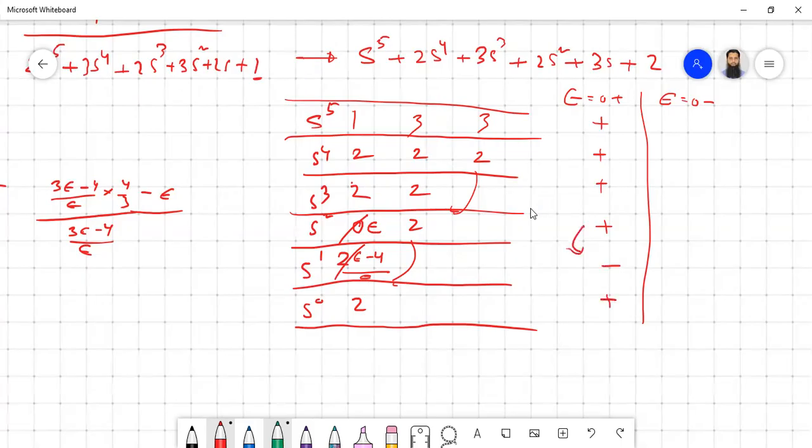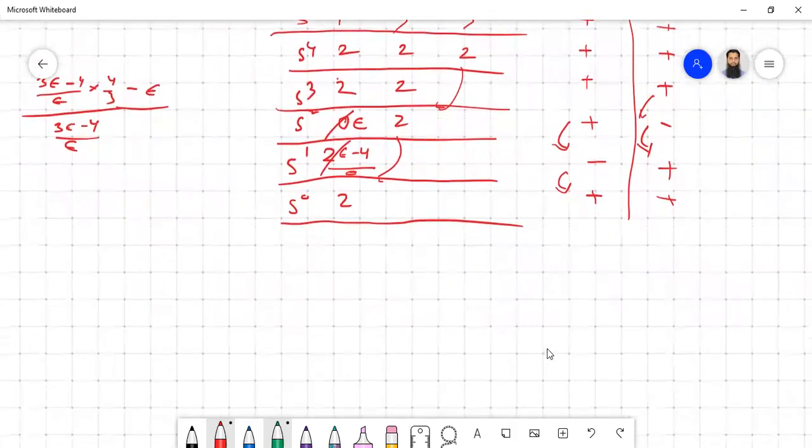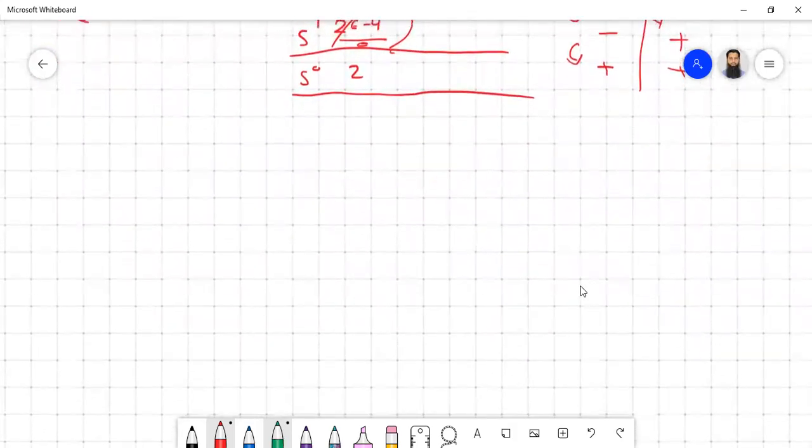So there are two sign changes again, same as before. Similarly, here we have plus plus plus, then epsilon itself is minus, so minus by minus is plus and plus. So again, two sign changes. So I think without changing the order of the coefficients, it's better to go with the 0 plus, 0 minus epsilon convention.